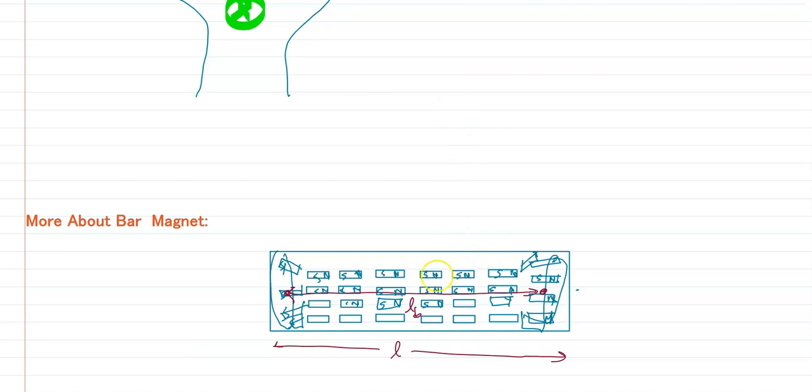There is no uncancelled pole in the middle region of a bar magnet. That's why if we put iron or steel, it will go towards the north end of the bar magnet or towards the south end of the bar magnet. It will not stay at the middle region of a bar magnet.